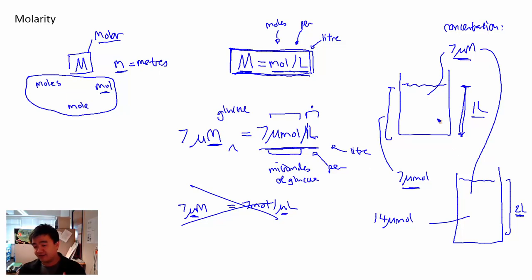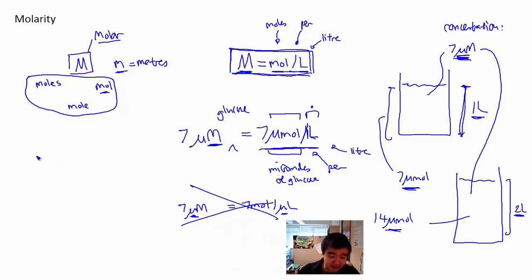If I have half a liter of solution, I have 3.5 micromoles of the glucose floating around. So even though the volume changes, the concentration doesn't necessarily have to change. And if the concentration stays the same, but the volume changes, this means that you just have a different number of particles in these different containers.